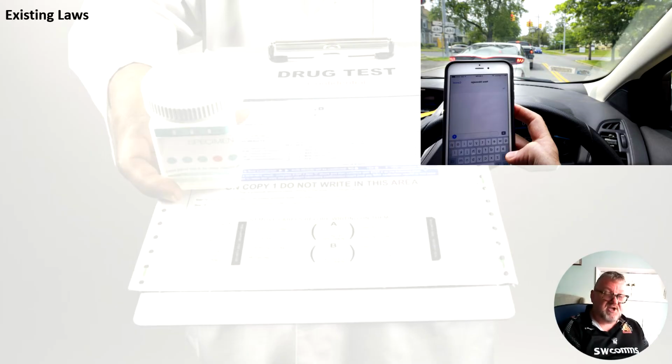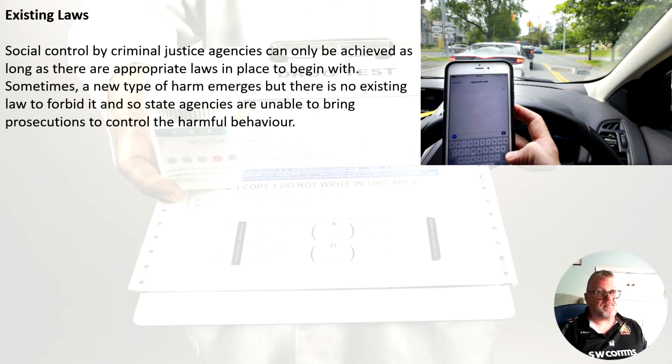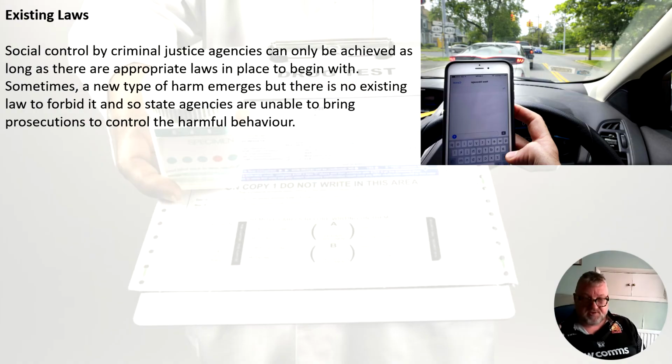Existing laws can also provide a barrier to the agencies of social control, because you can only achieve social control as long as the appropriate laws are in place to begin with. With new technologies particularly, a new type of harm emerges, but there's no existing law to forbid it, and so the state agencies aren't able to bring prosecutions to control the harmful behaviour because it's not legislated against in law.